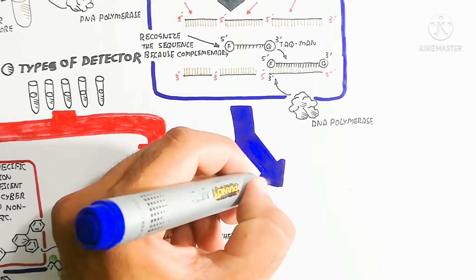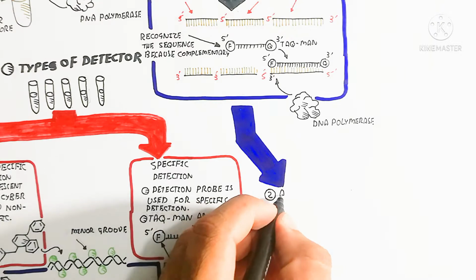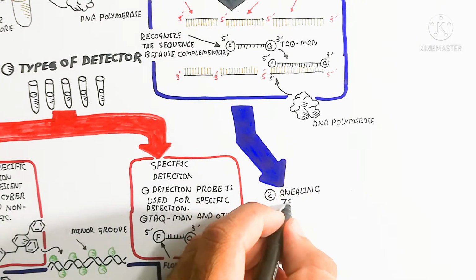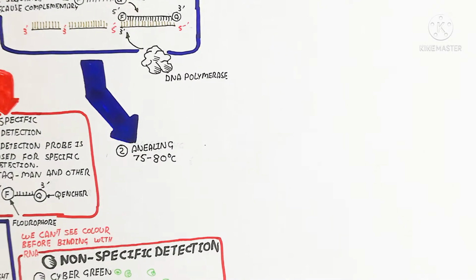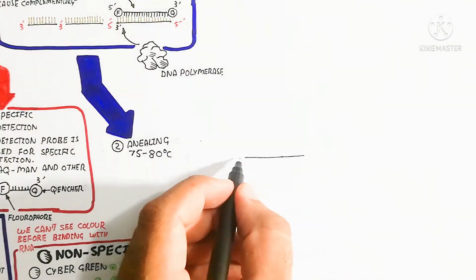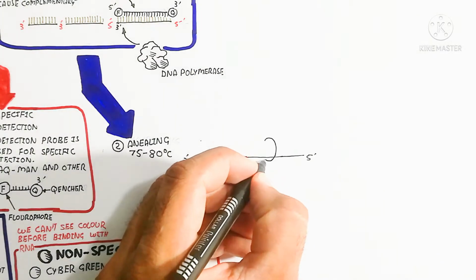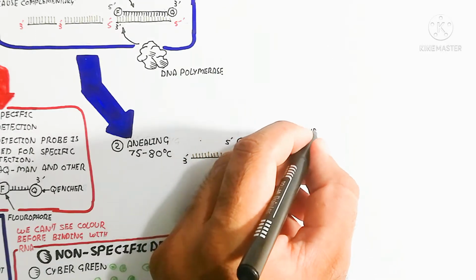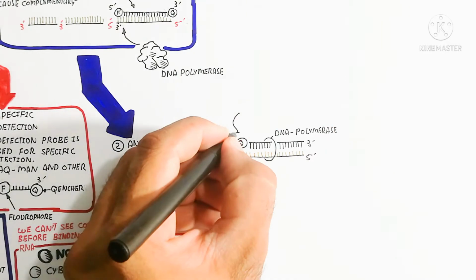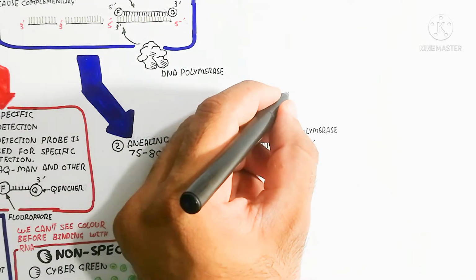Annealing means the attachment of the DNA polymerase enzyme for extension, from our primer attachment site, so that nucleotides will be added. As nucleotides are added, the quencher is released, and the fluorophore is attached to the DNA segment with the primer.